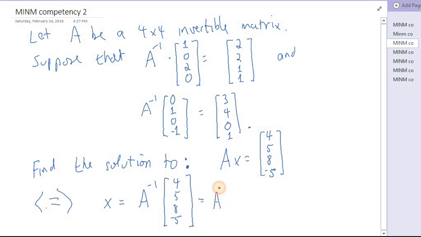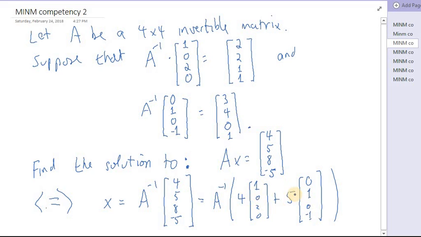That's equal to A inverse of, if you take the 4 and the 8 part, that's the same as 4 times (1, 0, 2, 0), and the 0, 5, 0, -5 part is the same as 5 times (0, 1, 0, -1). So if you form this linear combination of these two vectors, you're going to get this vector here.